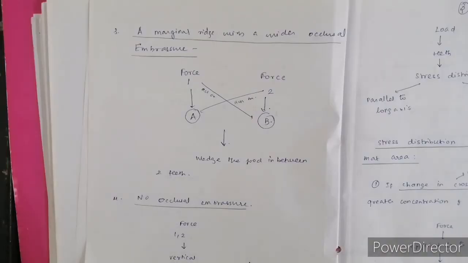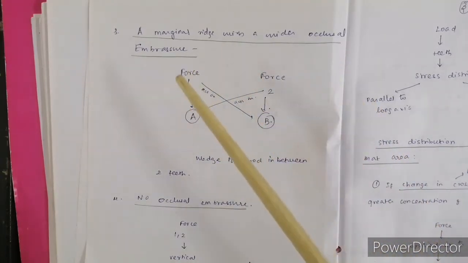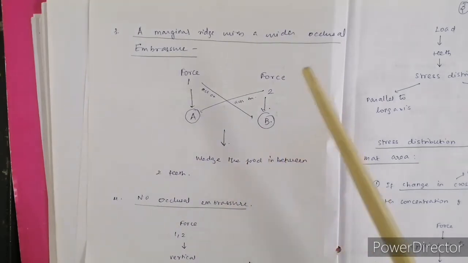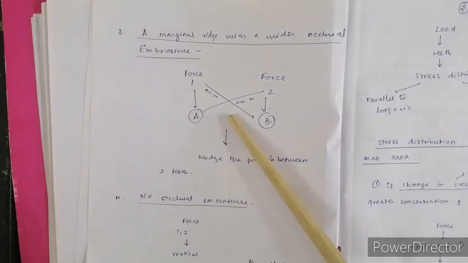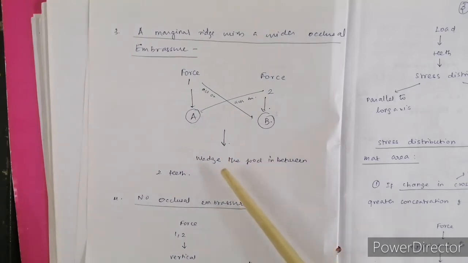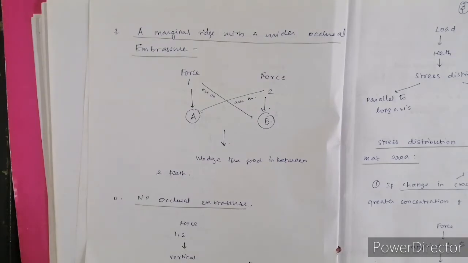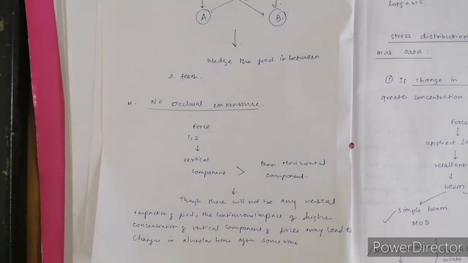Now let us consider a situation in which the marginal ridge is present with a wider occlusal embrasure. Here, force 1 will act on tooth A and B, and force 2 will also act on tooth A and B. Because of these forces, food will be wedged between these two teeth. Now let us consider the next example where there is no occlusal embrasure.